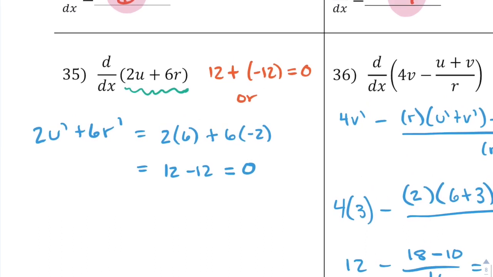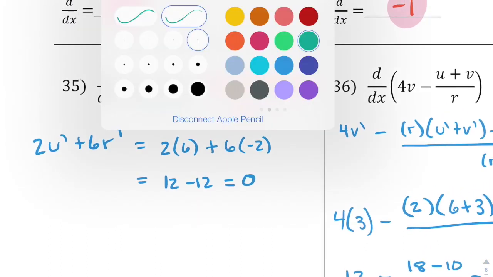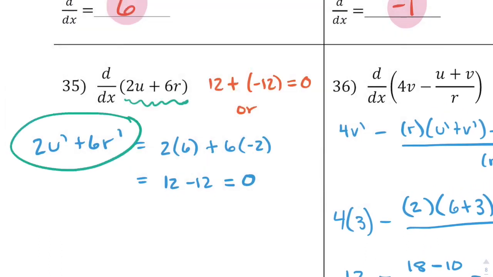The last ones, you can do them out. You can do 2u prime plus 6r prime. The 2 and the 6 stay because it's multiplying the function, which is different than adding or subtracting from a function. A vertical shift, up or down, plus or minus, will not change the derivative. However, multiplying a function by a number like 2 or 6 will have an ultimate influence on the derivative.